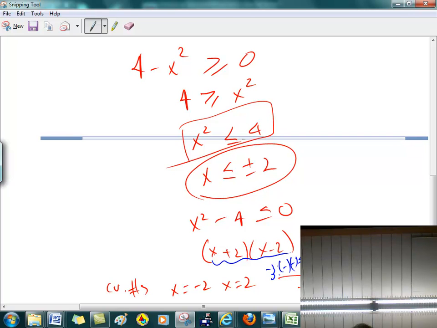Then what about picking a number between -2 and 2? 0. You plug it in the parentheses, what do you get? First parenthesis. Positive or negative? And the second one? Is that less than 0? Yes. So you're going to shade all this. Closed circles or open circle?